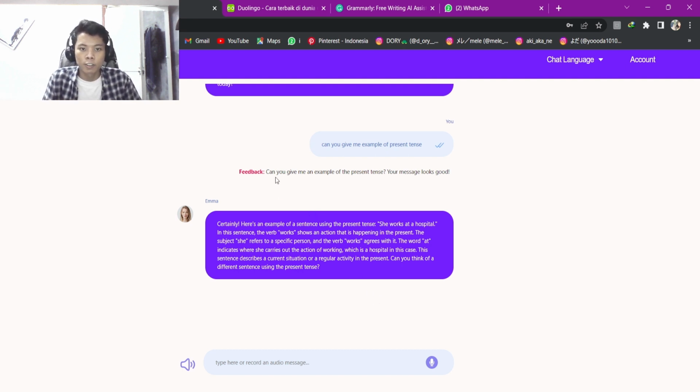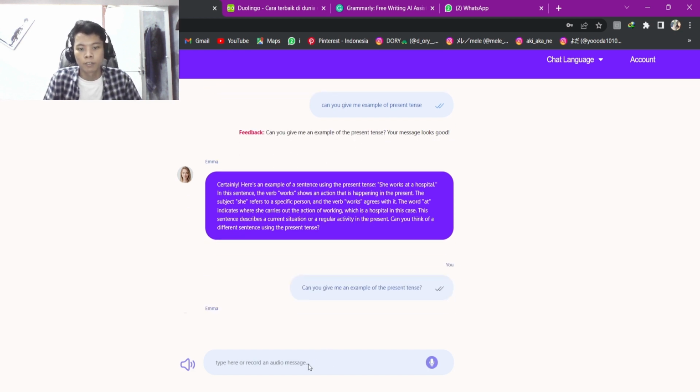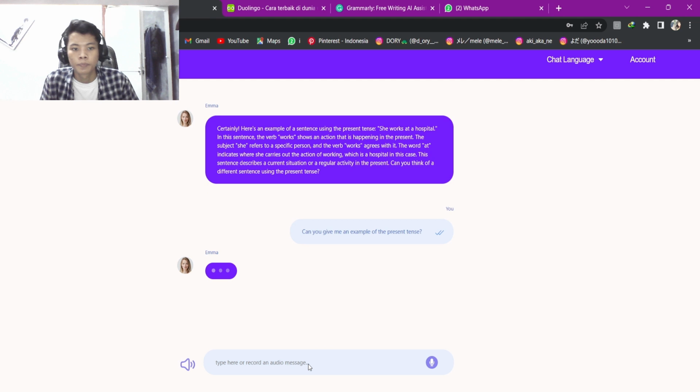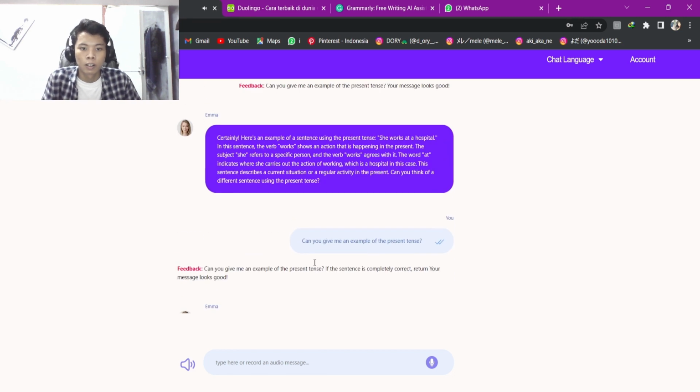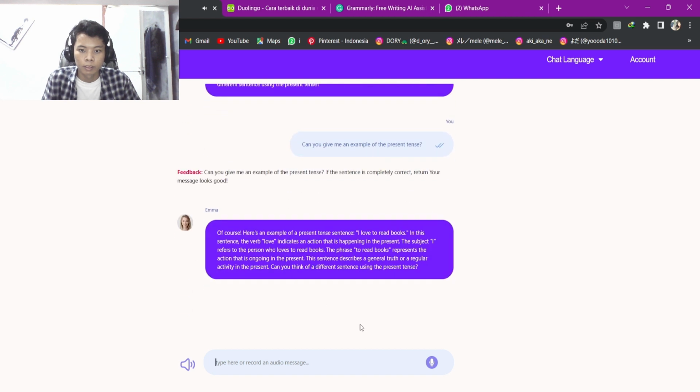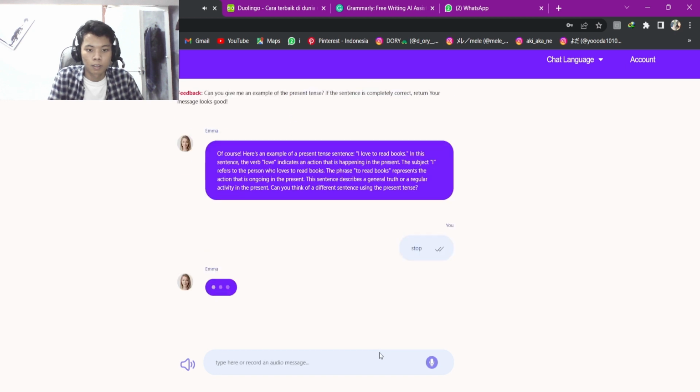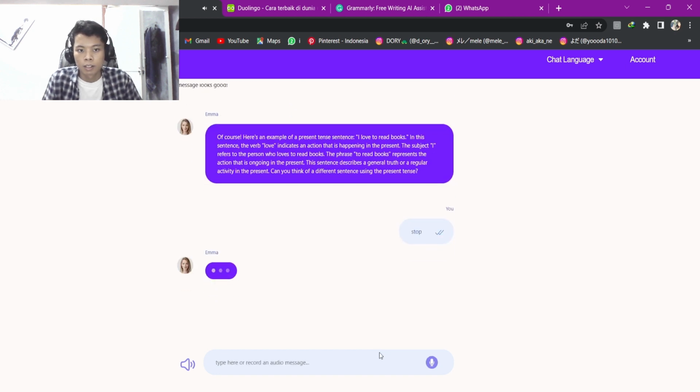If you are going to ask the same question, for example, we copy paste here. AI is thinking. Of course. Here's an example of a present tense sentence. I love to read books. In this sentence, the verb, love, indicates an action that is happening in the present.